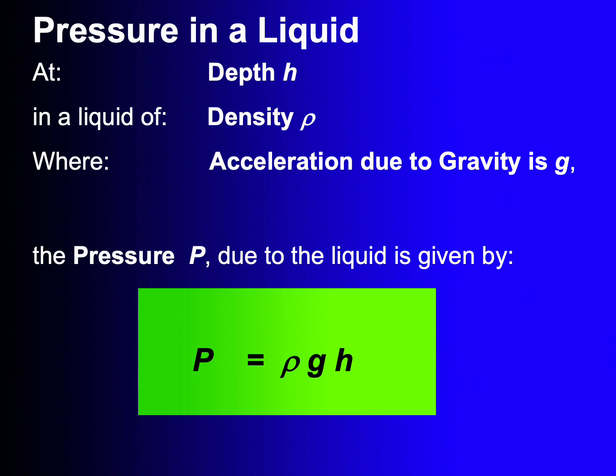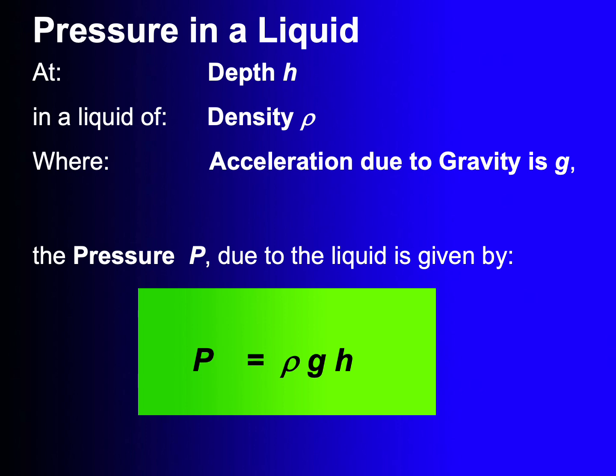So let's look at a formula here. If we were to work out pressure in a liquid at different depths or different heights. So at a depth, we'll call it h, and in a liquid of density rho and acceleration due to gravity being g, we are able to calculate the pressure of the liquid by calculating rho by g by h.